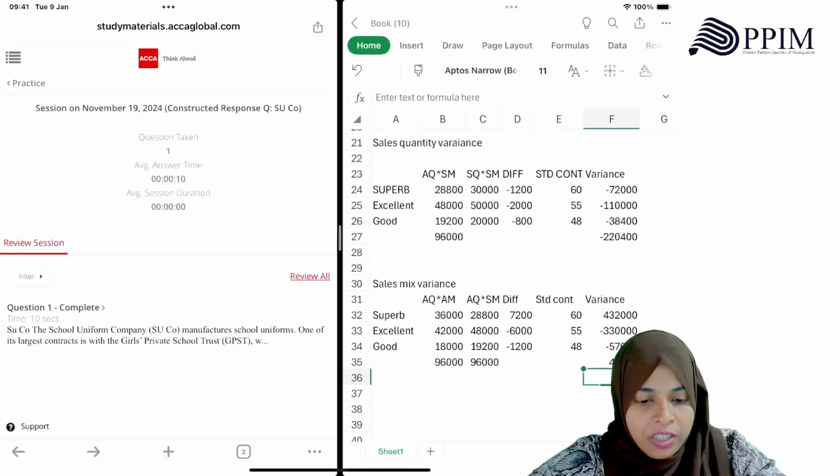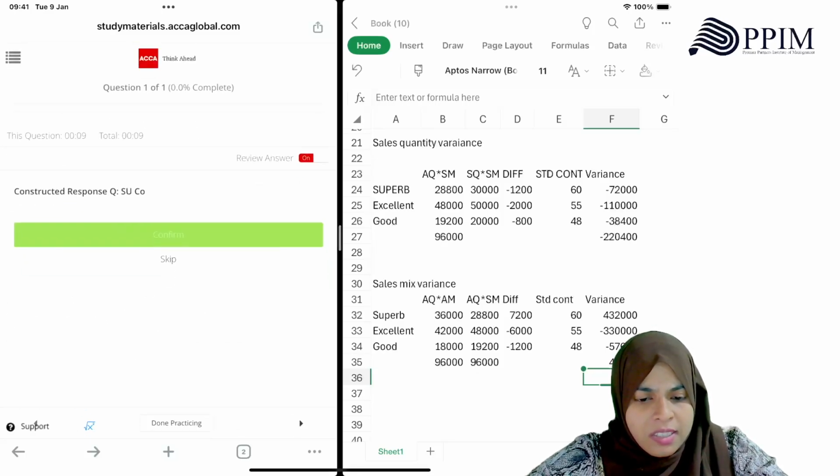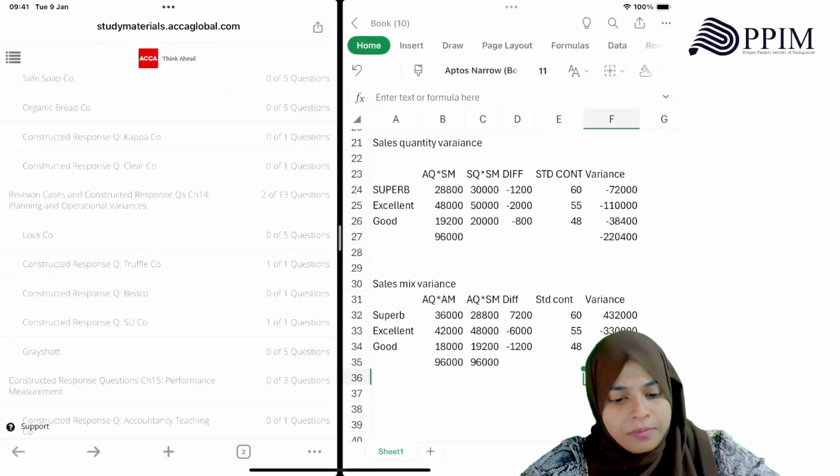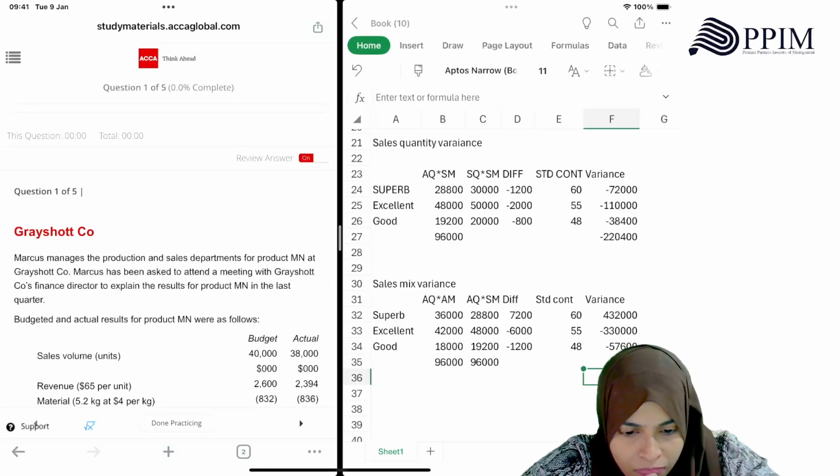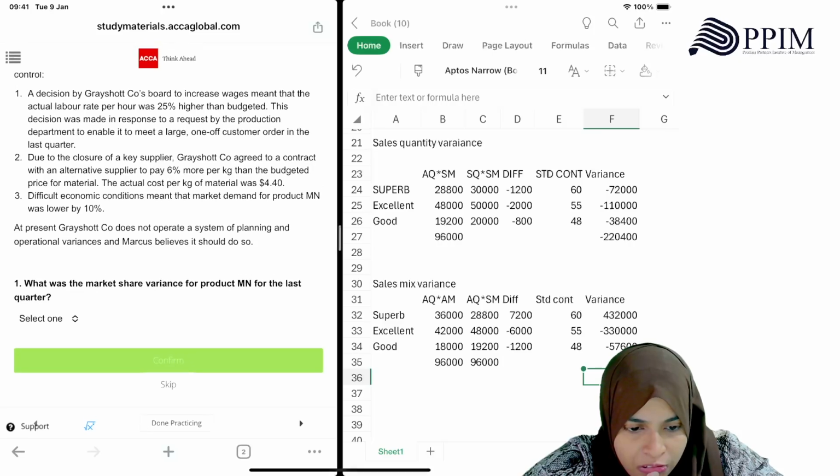School uniform, we've already done it. What's that question?